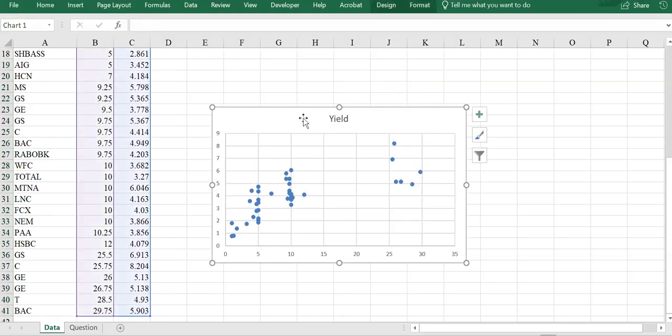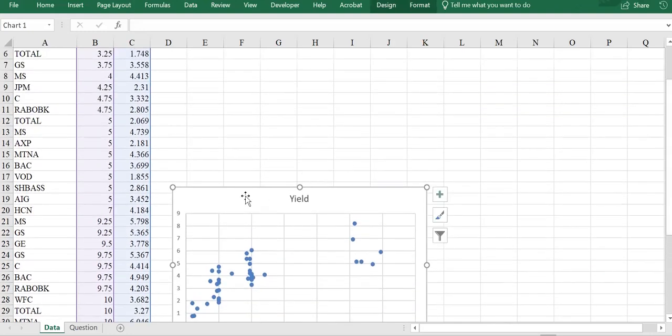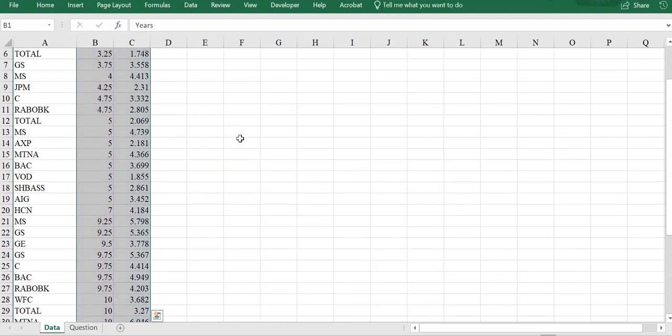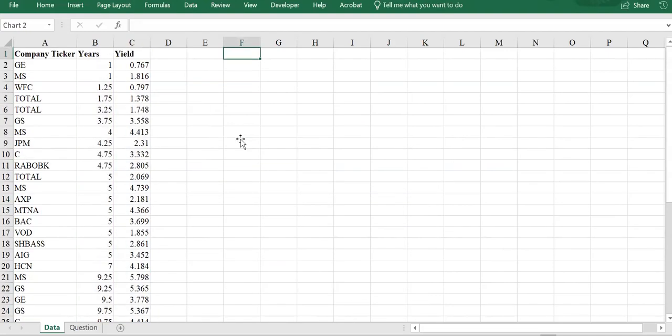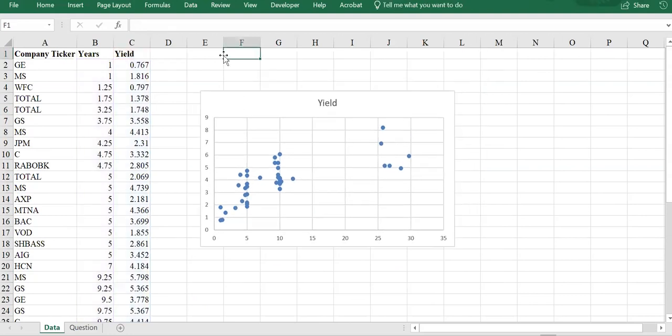I'll move it to the top of this page, cut it with Control X, go up, Control V, and part A.